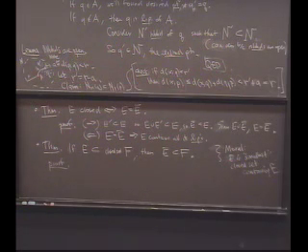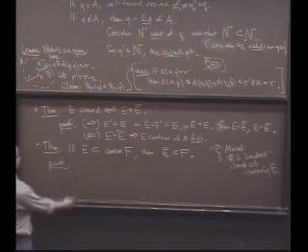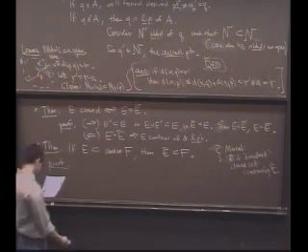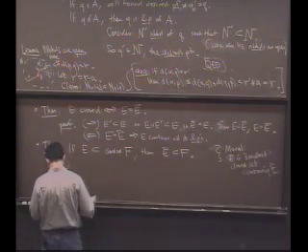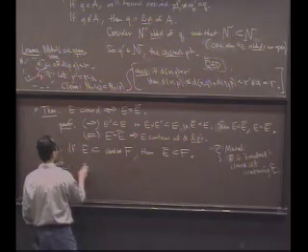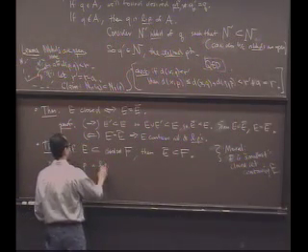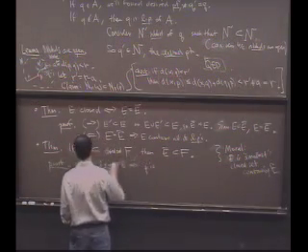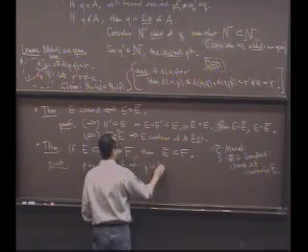F is a closed set, so F does what? Contains all its limit points. In particular, it contains the limit points of E. So it contains E closure as well. So here's another way to say it. If P is a limit point of E, would you agree that means that P is a limit point of F?